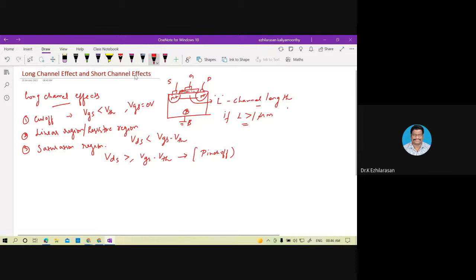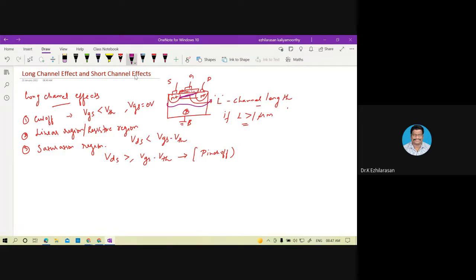It is a long channel effect, during the saturation region. So your channel will be pinched off. I think you can recollect what you studied. Normally, this will be your depletion region. Correct? So the channel will be pinched off at the drain end. If the channel is pinched off, only a small amount of current will flow, constantly.